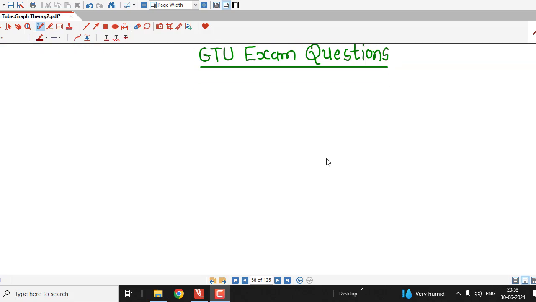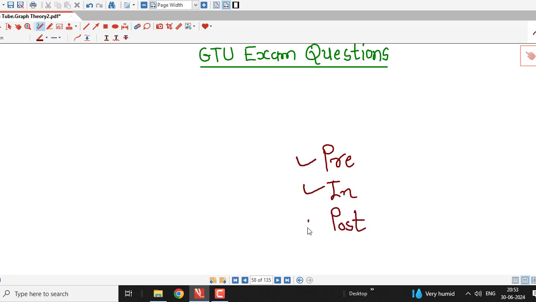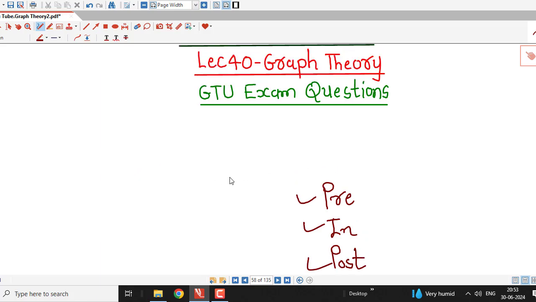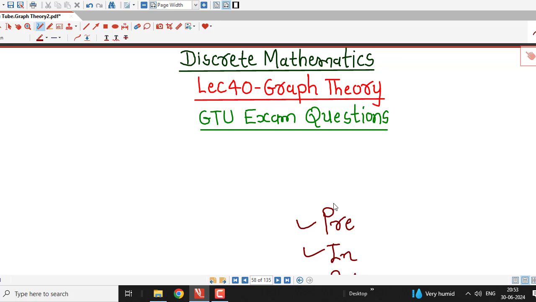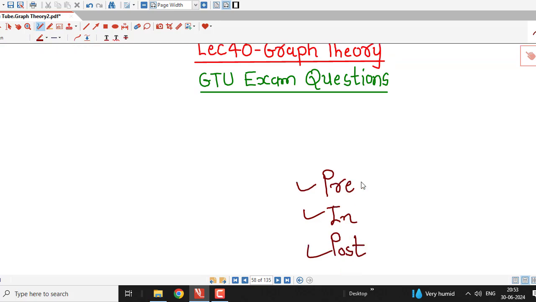In this lecture we are going to discuss one question on tree traversal which was asked in the GTU Winter 2023 exam. We have discussed pre-order, in-order and post-order tree traversal algorithms in the previous two lectures, and we have seen that if we are given a binary tree, then how we can decide its pre-order, in-order and post-order traversal.